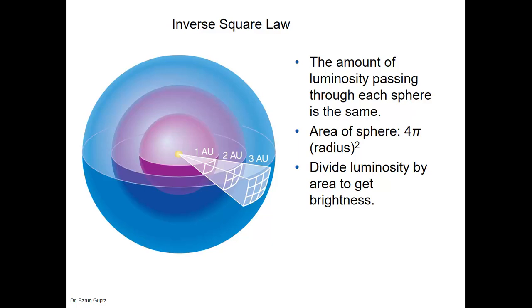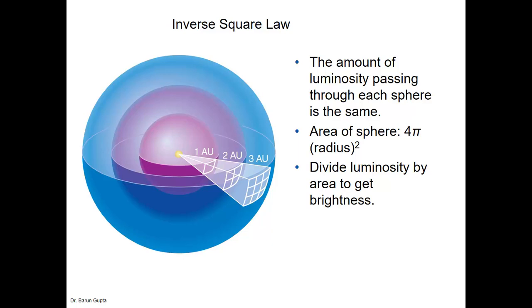And if you recall, the brightness is the total amount of light that reaches the unit area, which means if you go further and further, the brightness starts decreasing, and it follows the inverse square law.